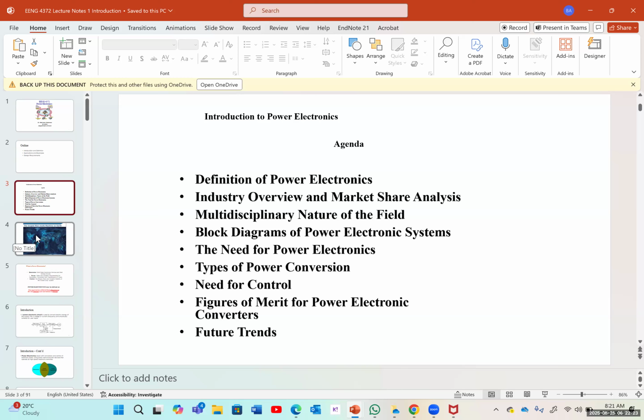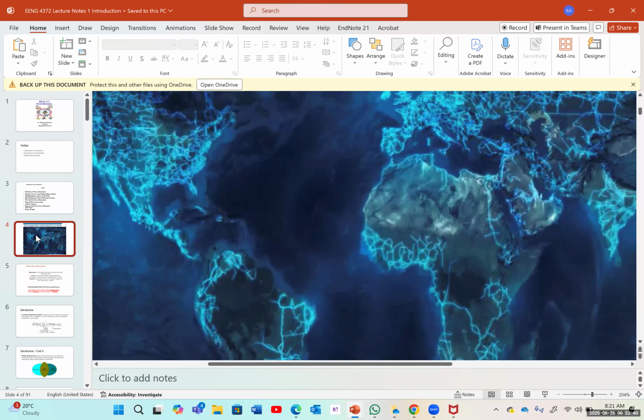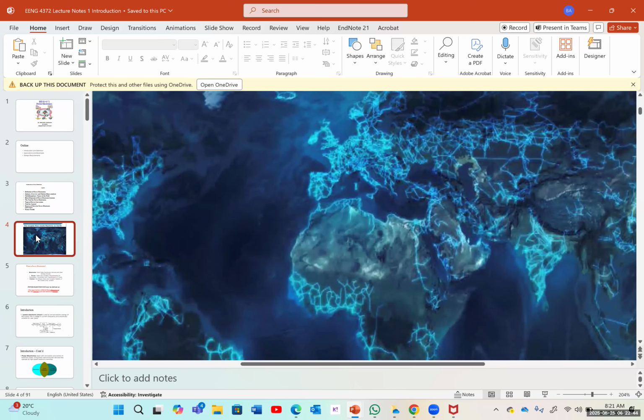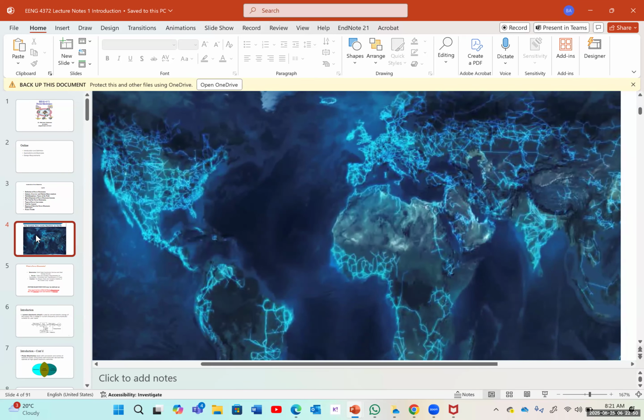So for the importance of power electronics, do you know what this picture shows? It's like the blue lines, yes. Yes, these are the power grids all around the world. So it's the largest man-made machine on Earth, and these are just showing the grids.